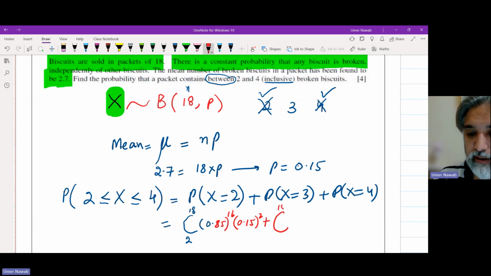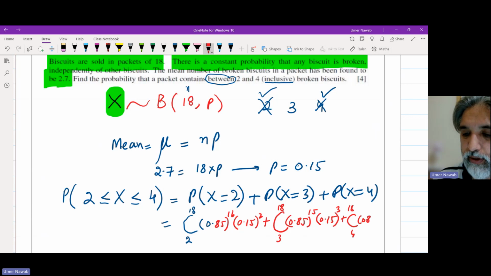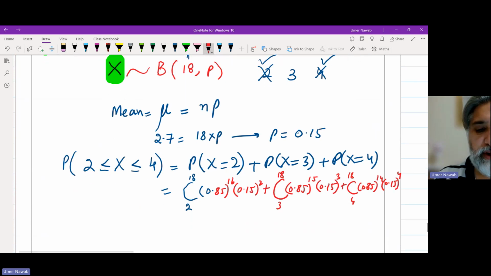For X is equal to 3, 18C3, failure 0.85, 18 minus 3 is 15, 0.15 raised to the power 3, plus 18C4, 0.85 raised to the power 14, and 0.15 raised by 4. When we add all the 3 cases, guys, I will be getting 0.655.